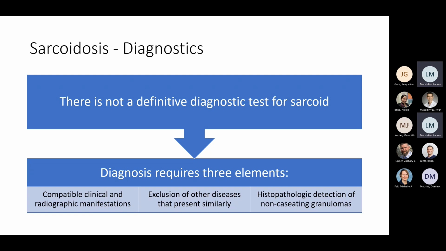So again, there's not a specific single diagnostic test, but what you would do is get your history and physical. So you have clinical and radiographic findings that might suggest sarcoidosis. You want to exclude other disease processes that present similarly, and then hopefully you would have a biopsy that shows a granuloma.